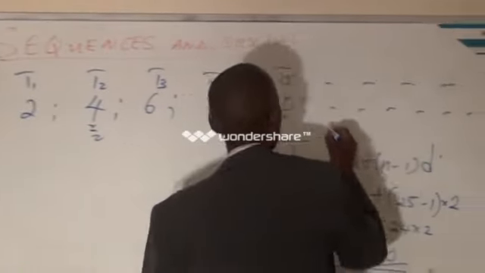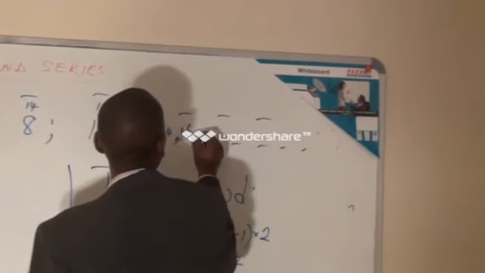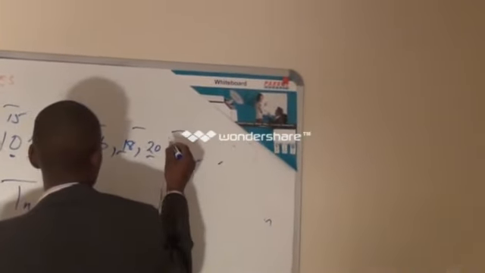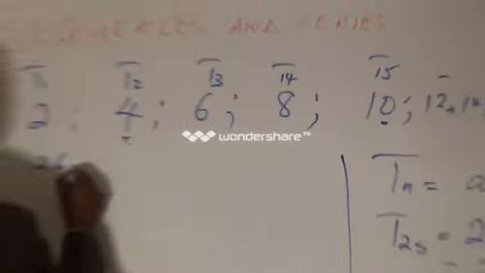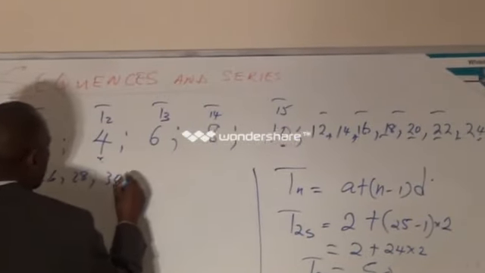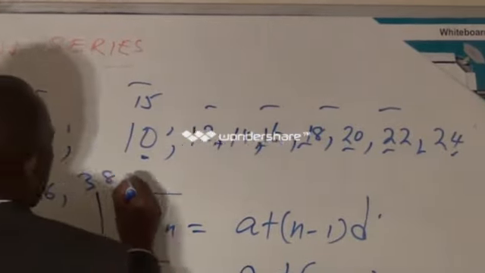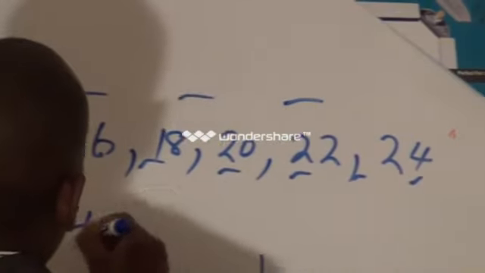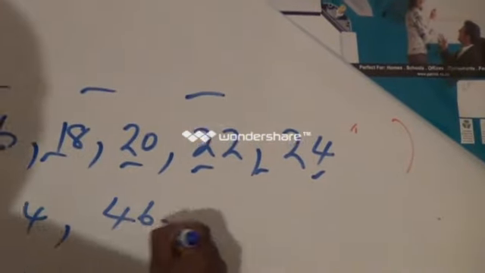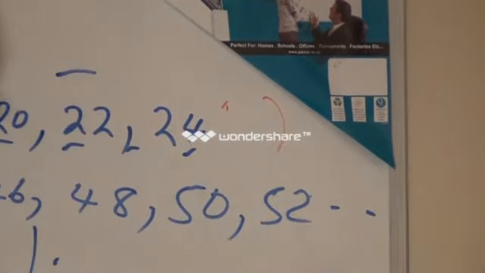If we were to continue with this sequence, we'll get 12, 14, 16, 18, 20, 22, 24, 26, 28, 30, 32, 34, 36, 38, 40, 42, 44, 46, 48, 50, 52, and so on.